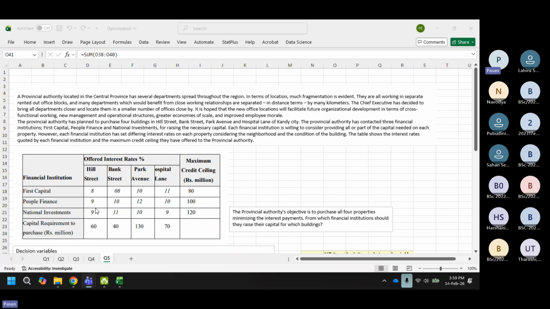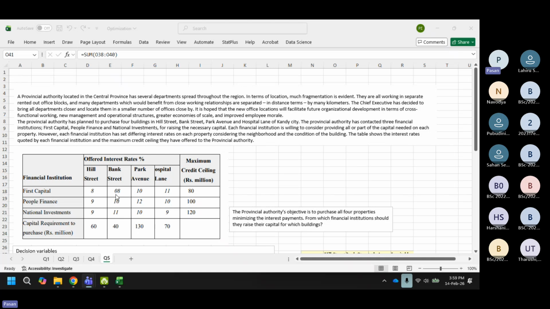Going through each of these places, we need to see whether we need to go to these places, and how much we have to get from each place. For example, if you go to First Capital Bank, whether to go for Hill Street or Bank Street or whatever, and how much you want to get.